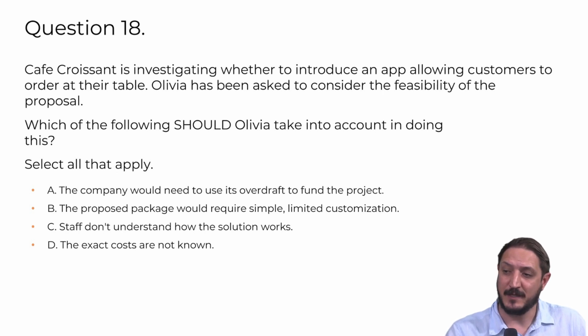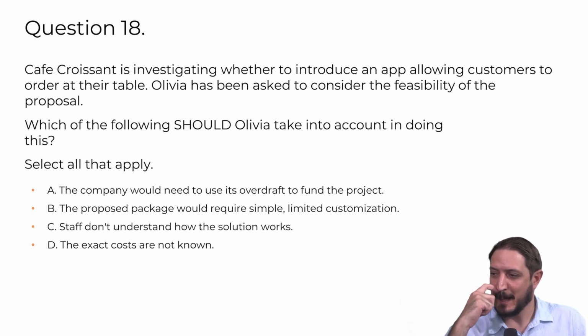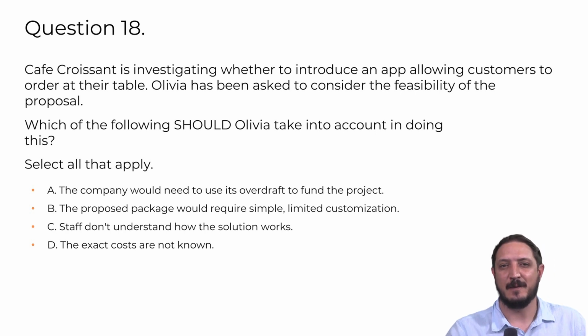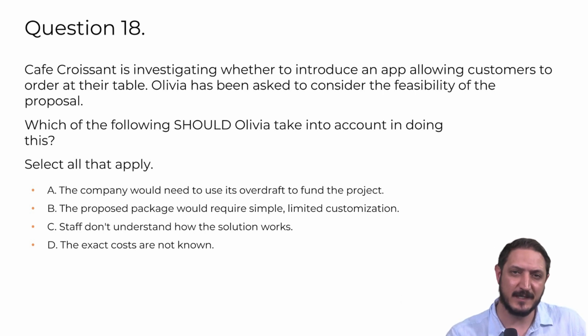Then if we look at B, which says the proposed package would require simple, limited customization, now it's looking at it from the technical feasibility perspective. Does it align with the business from that perspective? Within the subcategories, you will find a subcategory called compatibility. Is it compatible with the business from a technical perspective?